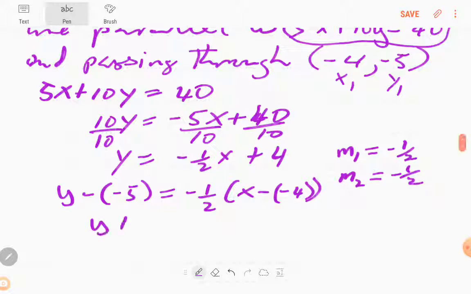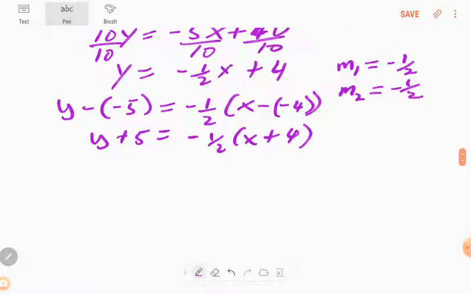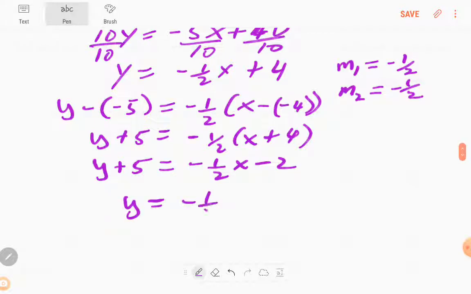So we have y plus 5 is equal to minus a half times x plus 4. Now distributing the minus half, we get minus a half x minus 2. And now we can subtract 5 from both sides, so we get y equal to minus a half x minus 7.